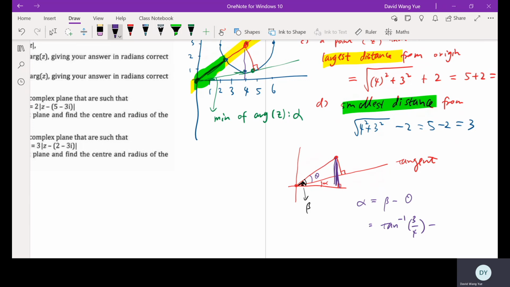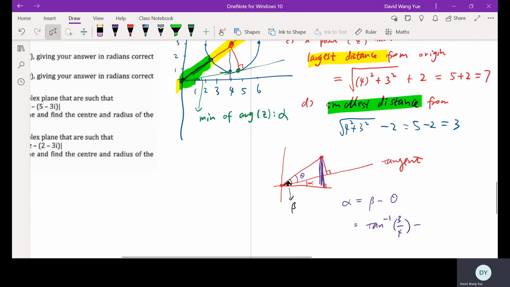When you come to theta, as you can tell, theta has radius 2 opposite the angle, and also has 5 as the hypotenuse. Okay, this is for the right triangle of theta. So opposite over hypotenuse, that's a sine value. That's why theta is sine inverse 2/5. So tan inverse 3/4 minus sine inverse 2/5 should give us the smallest value of argument.